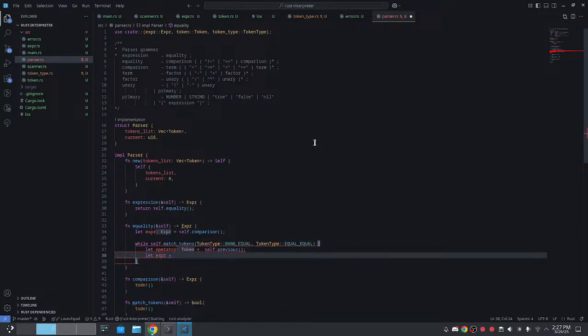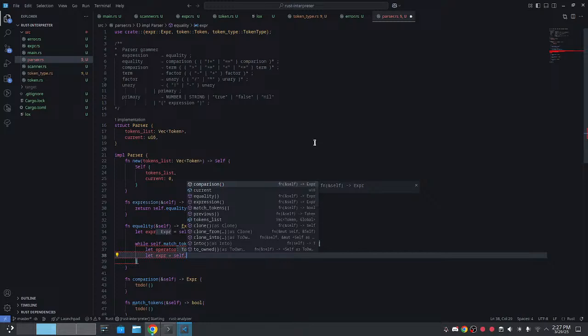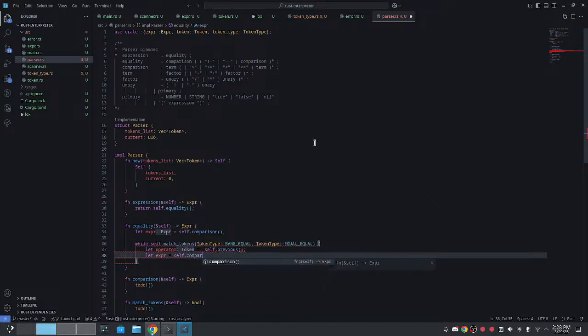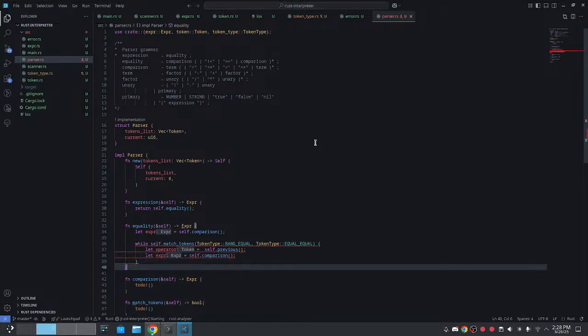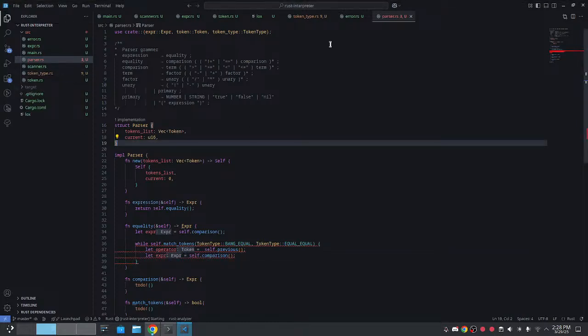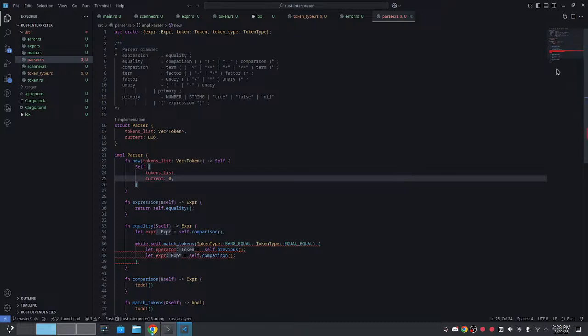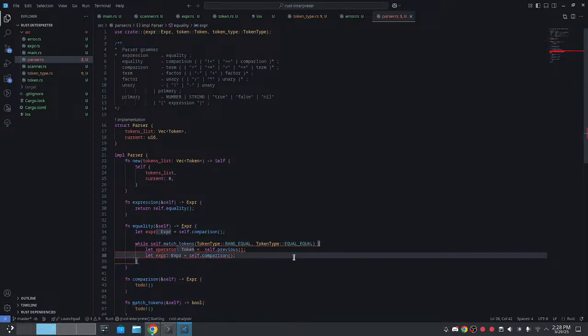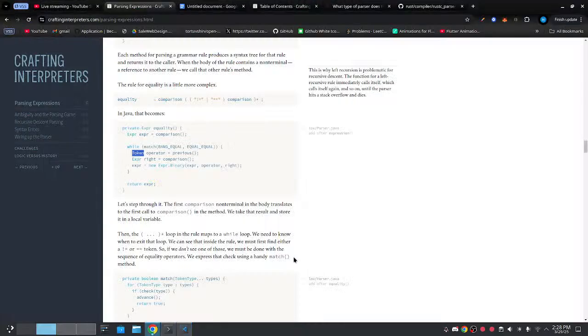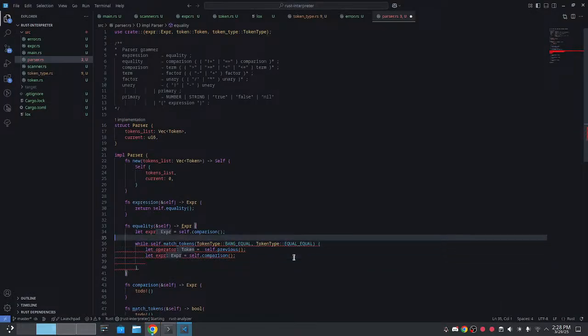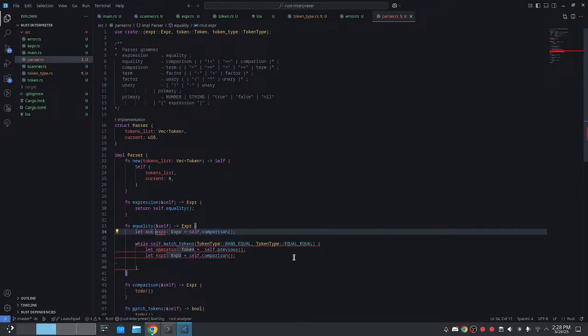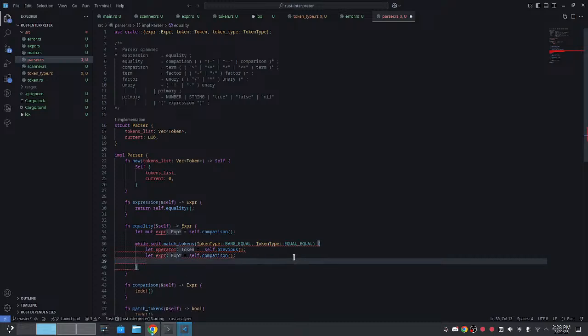expr equals self dot comparison, and we, okay, so what is this? And we would let mut expr.